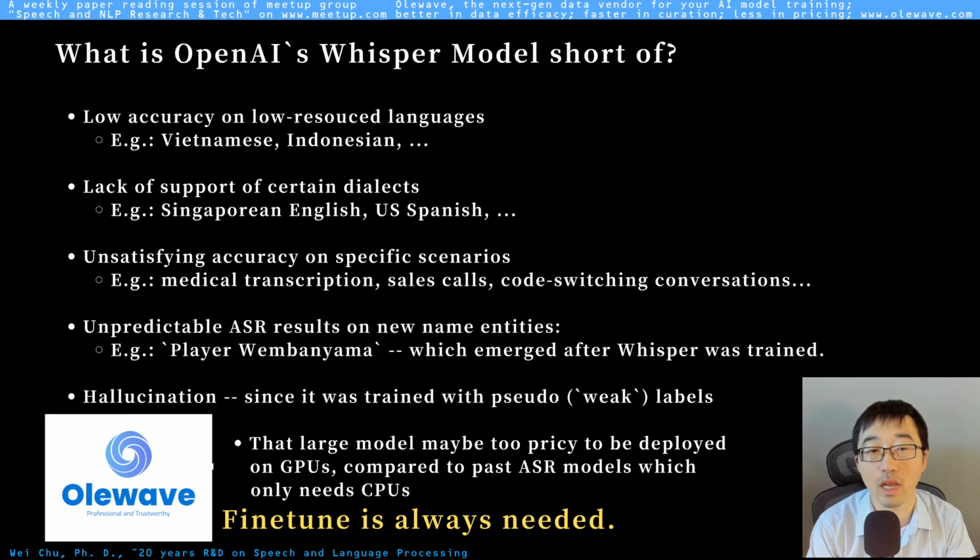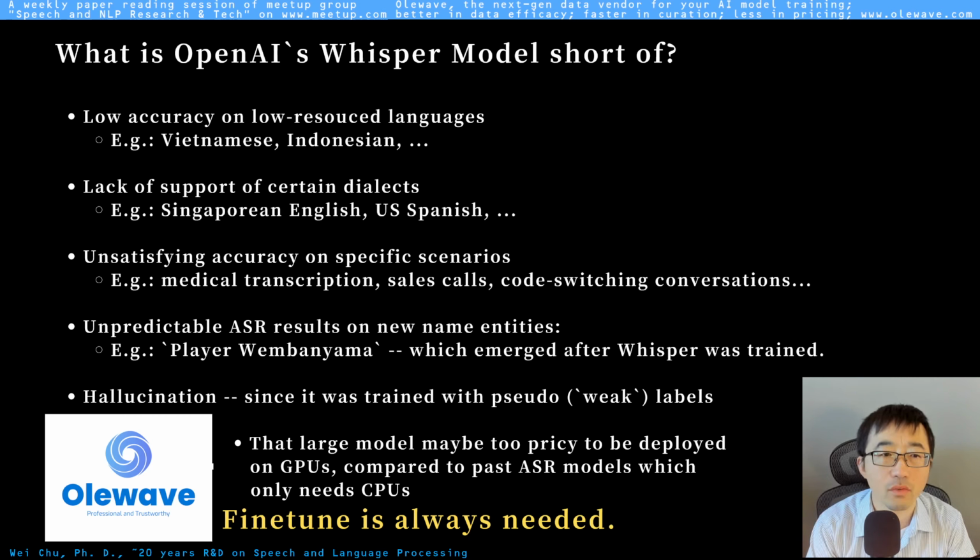That would make the model work for this language, but not work well, right? And suppose you are an e-commerce company in Southeast Asia, you want to have your own speech recognition engine for your customer service phone calls, then you find Whisper is not good for you.